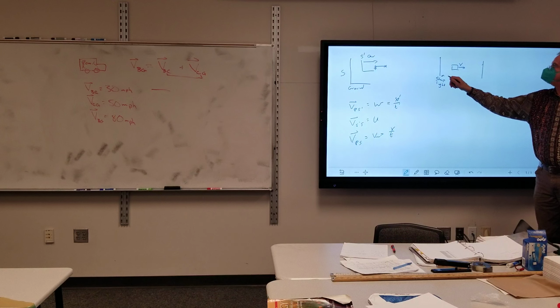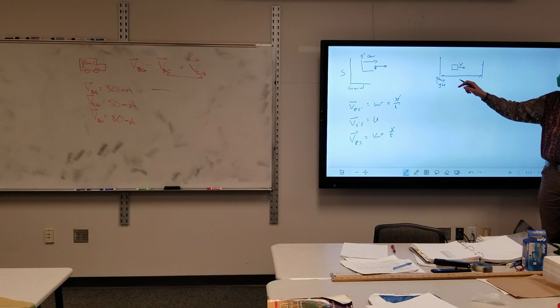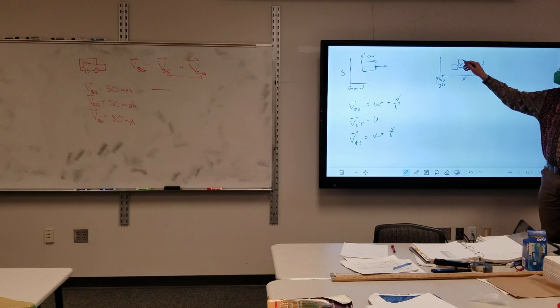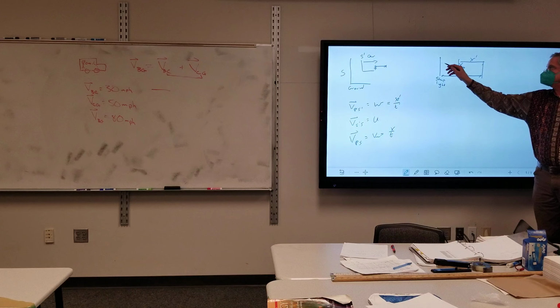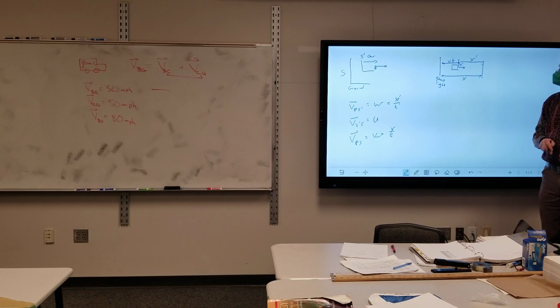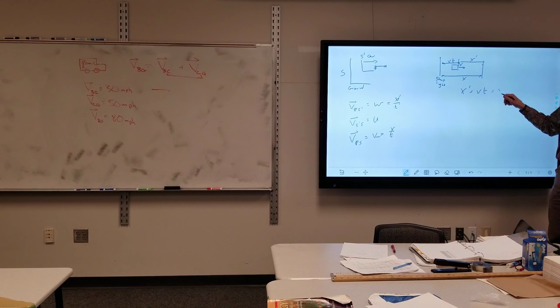The distance from here to here, where this is happening relative to the stoplight, is some distance x. From the car's point of view, this is some distance x prime. This distance here is vt. So we end up with this relationship that x prime plus vt is equal to x.